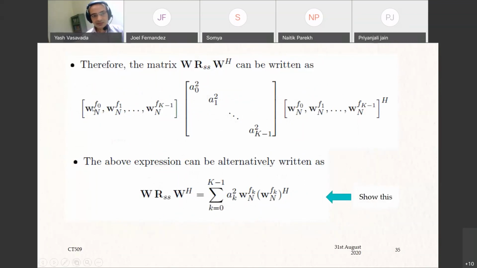These W vectors are independent of the time index n.